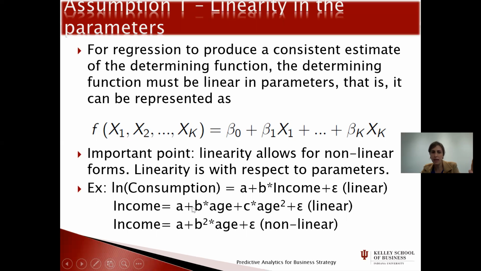We want our betas to be linear, but we can have non-linear x. We can have age square, that's fine. What we cannot have is beta square or logarithm of beta. Anything non-linear in our betas is not going to be possible. If you want to go non-linear, you need other non-parametric methods.